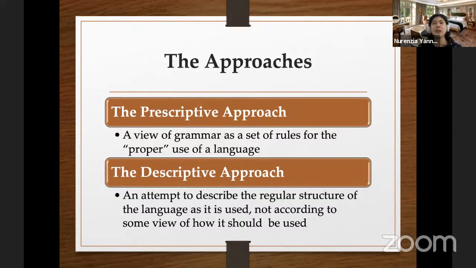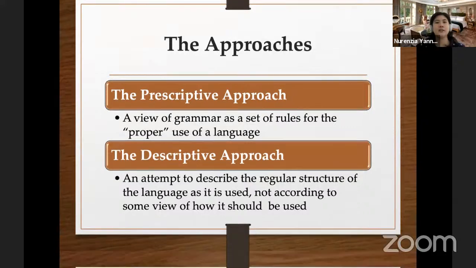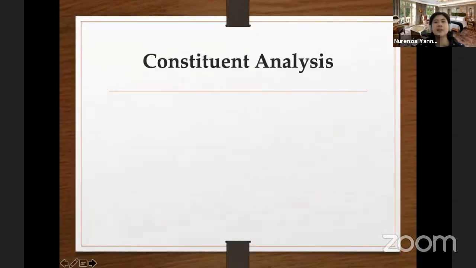You know what I mean? So this is more interested in describing the regular structure as it is used by the community, not based on the rules.